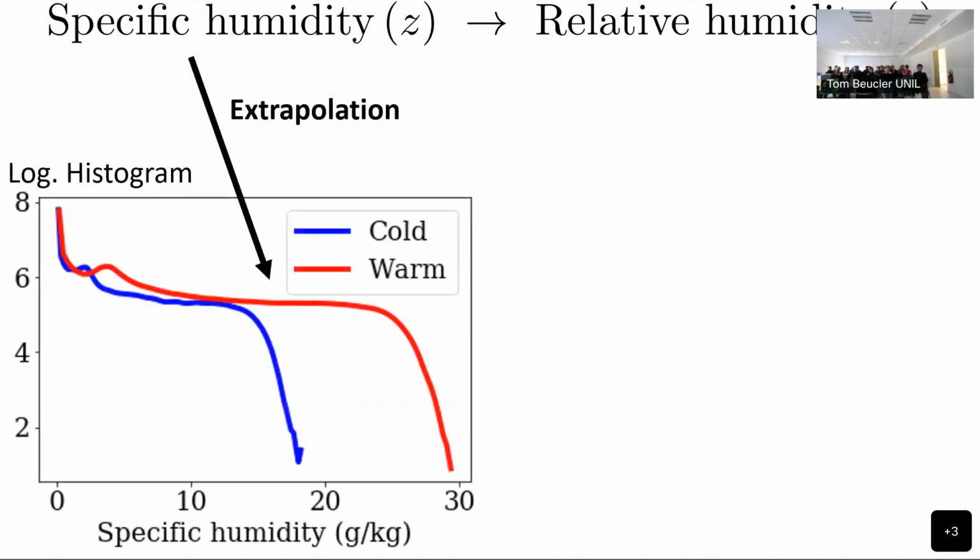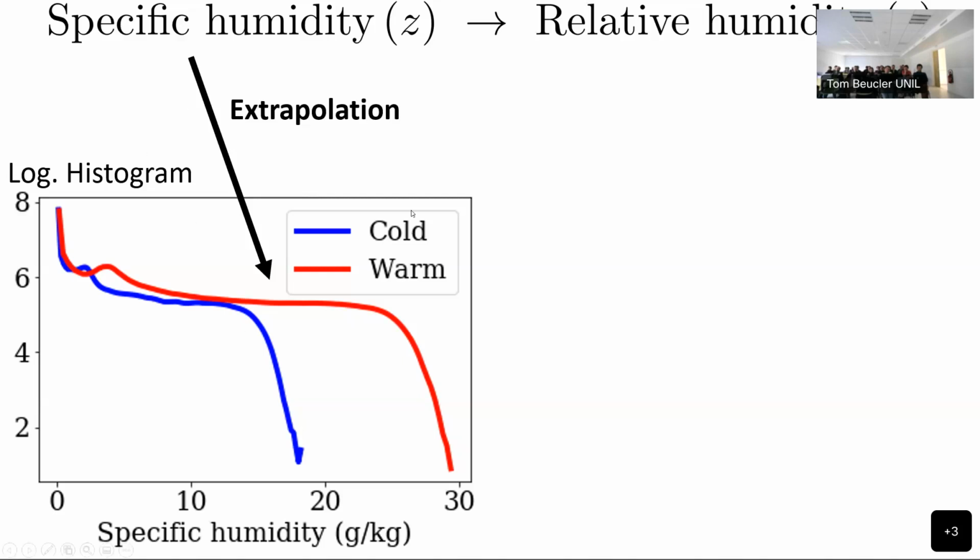So here I'm showing you the logarithm of a histogram in the training set, so the cold climate, and then the generalization test set. I want to say that we also used the validation set in the cold climate. So we really designed the neural network so that it did well in the cold climate.